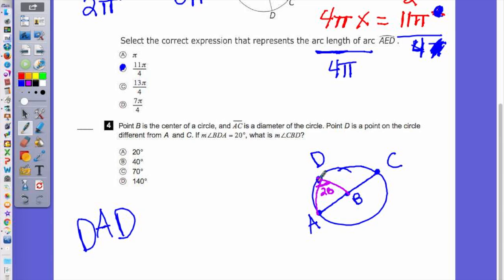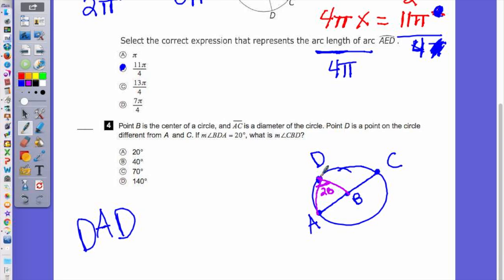Now, this is the part where you might get stuck and say, I don't know what to do next. So maybe by going through these, it starts to trigger things. I have a hypotenuse. I have a diameter. A diameter can also be a hypotenuse in a right triangle, correct?